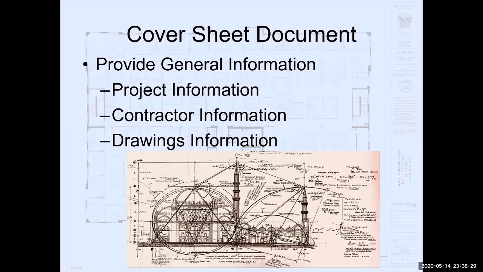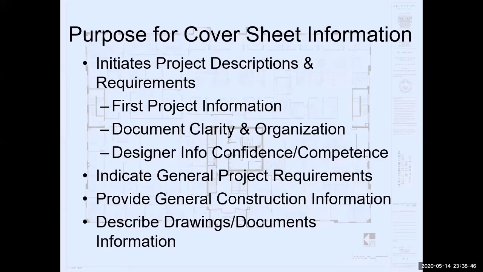And so as a result, it's important to understand that this information is the first information people see about your project. And so it's important that it be consistent and be understandable and be correct. So because it initiates the project, it starts with the project descriptions and sets the groundwork on which the project is going to be developed.